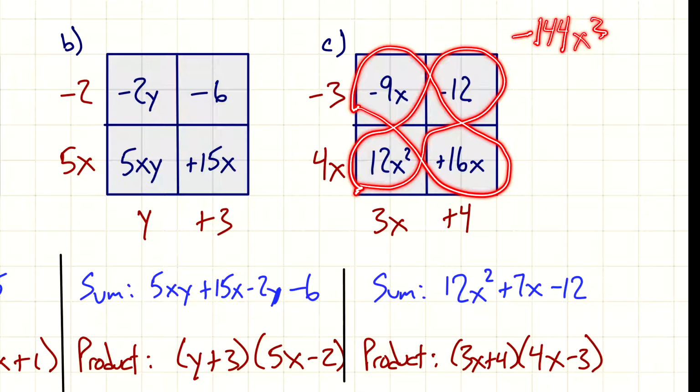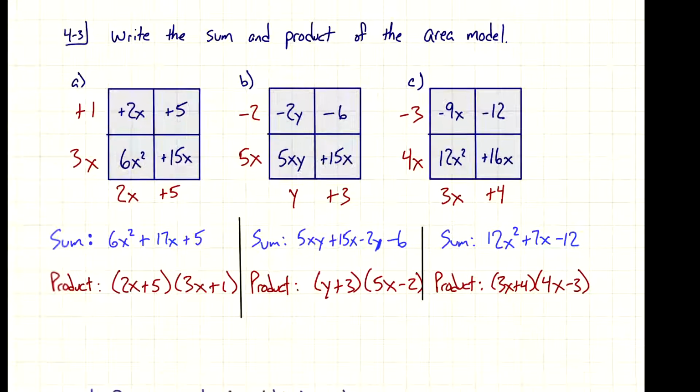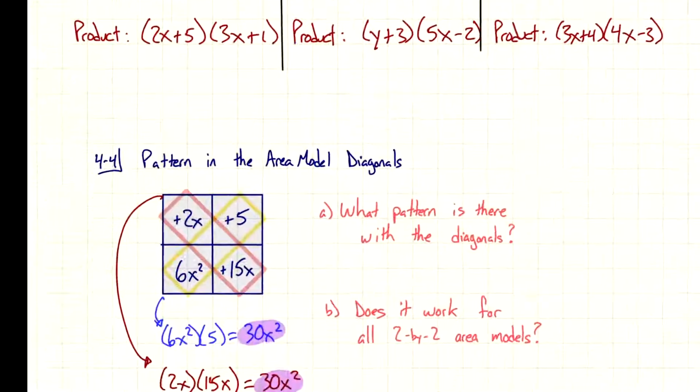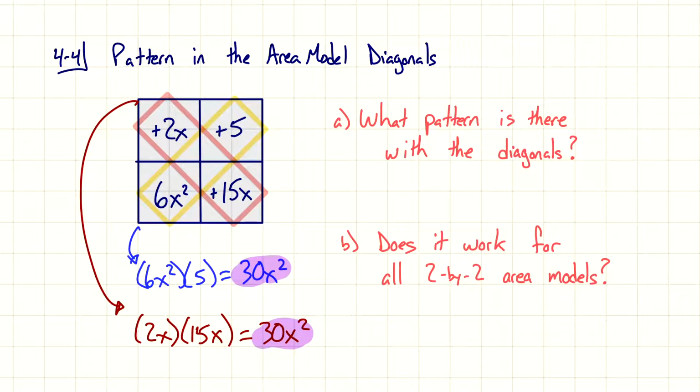I wouldn't even multiply that in my head. I would probably use a calculator. That comes out to negative 144, and there's an x and an x, which is x squared. So you'll notice again, if you multiply the diagonals, they end up equaling each other. So that's interesting to know. That's something that maybe we could use a little bit later when we start to figure out how to factor.